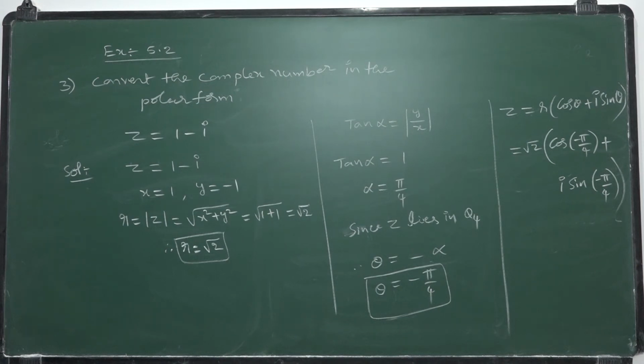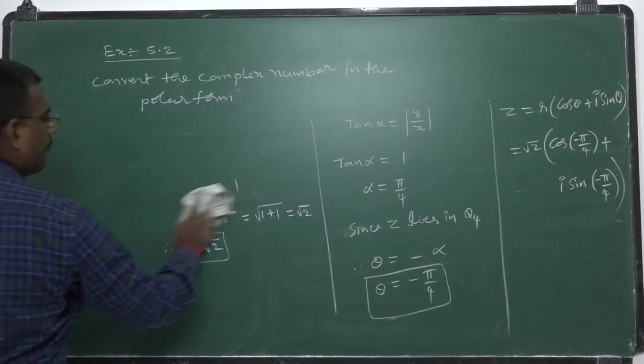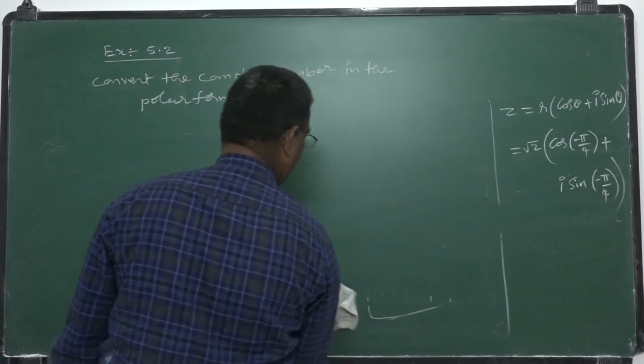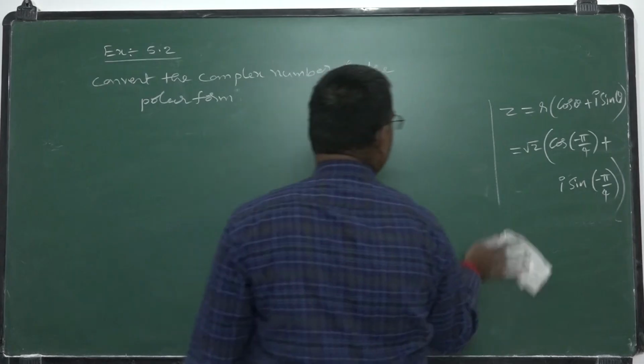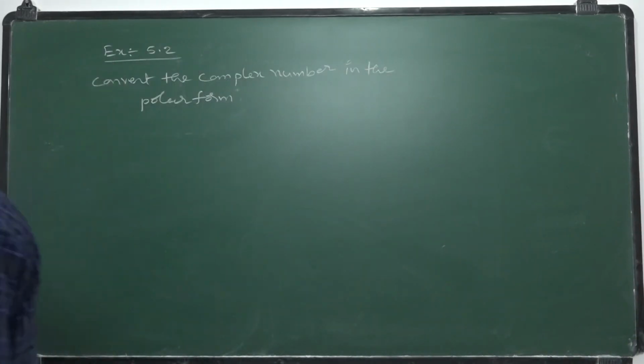Next, fourth question. Convert the given complex number in the polar form: minus 1 plus i.